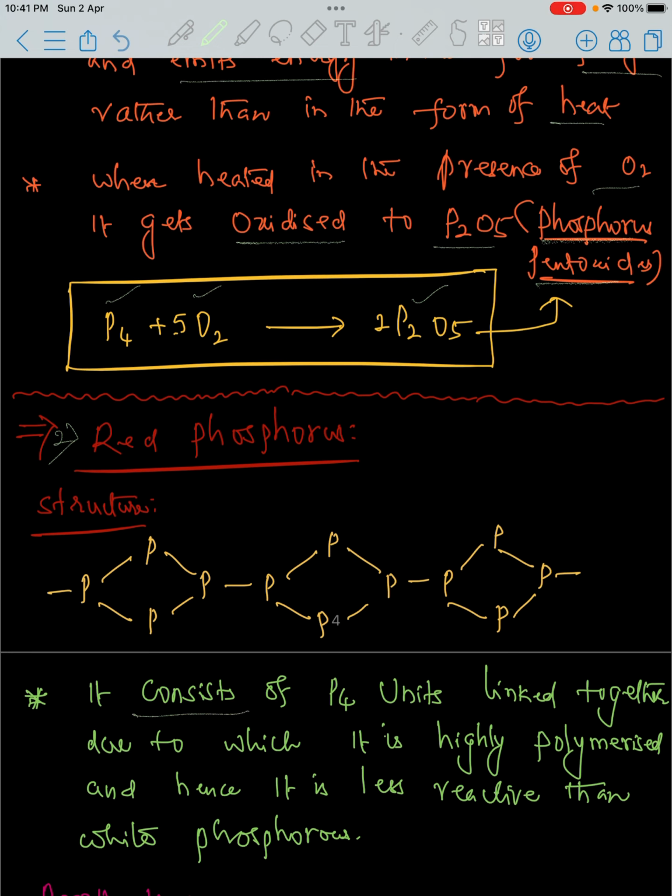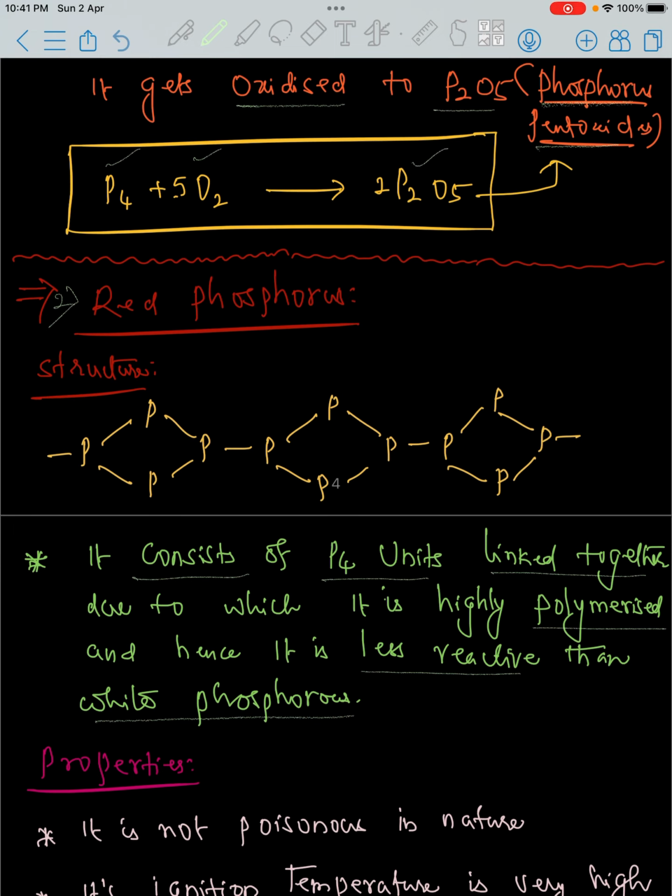It consists of P4 units linked together, due to which it is highly polymerized, and hence it is less reactive than white phosphorus.